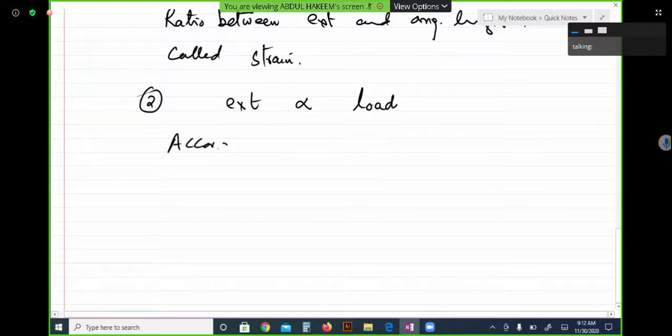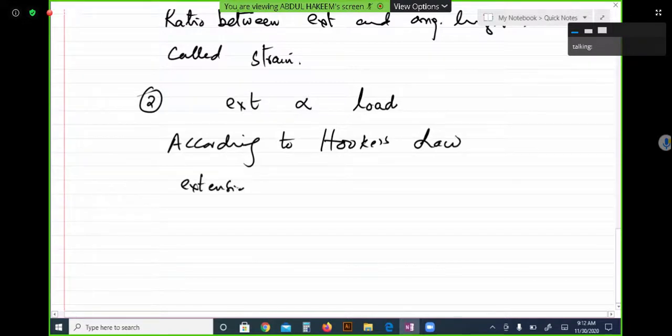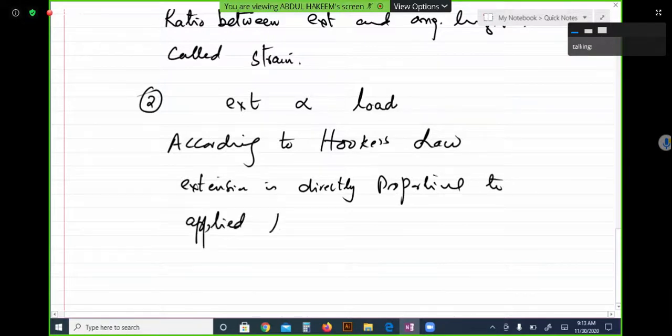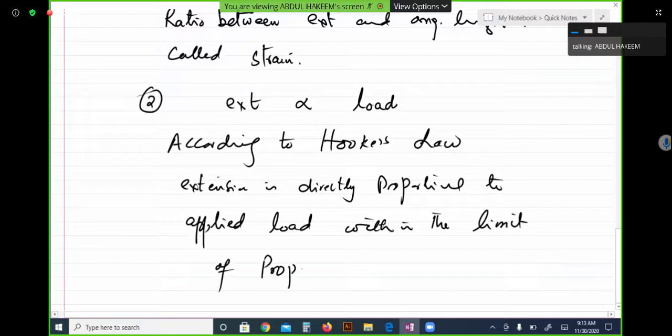So according to Hooke's law, extension is directly proportional to applied load within the limit of proportionality.